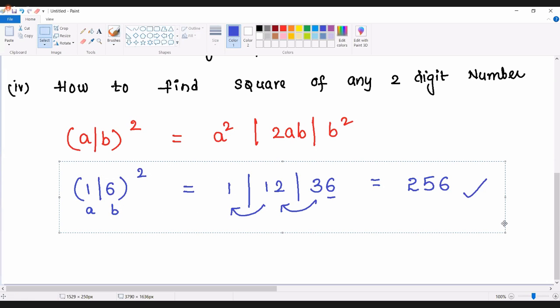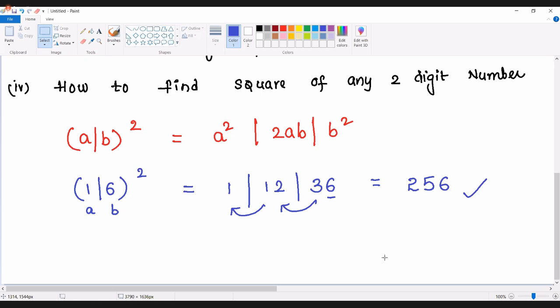Like that we can use it. After you have done the expansion of (a plus b) whole square as a square plus 2ab plus b square, after performing each operation, take the unit digit in each and every space and send the remaining part as carry to the next number. That is the rule here.